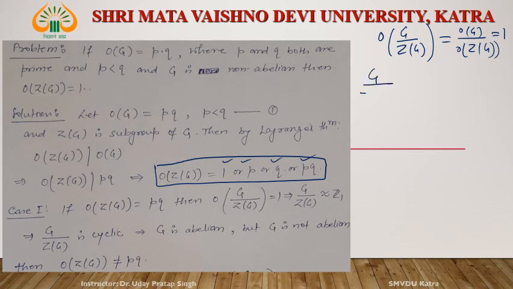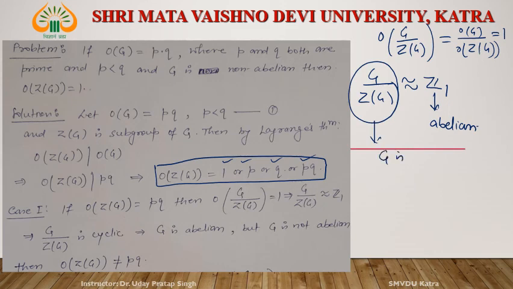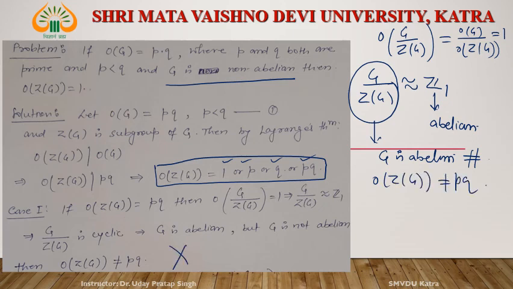Then G by Z(G) is isomorphic to Z1, which is abelian, or cyclic. This implies that G is abelian, but this is a contradiction since G is not abelian. So the order of Z(G) cannot be pq; the first case is not possible.